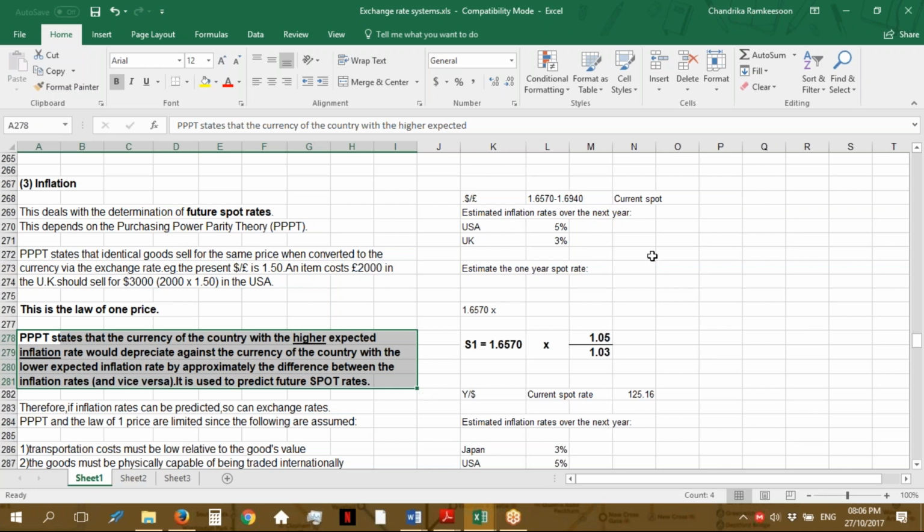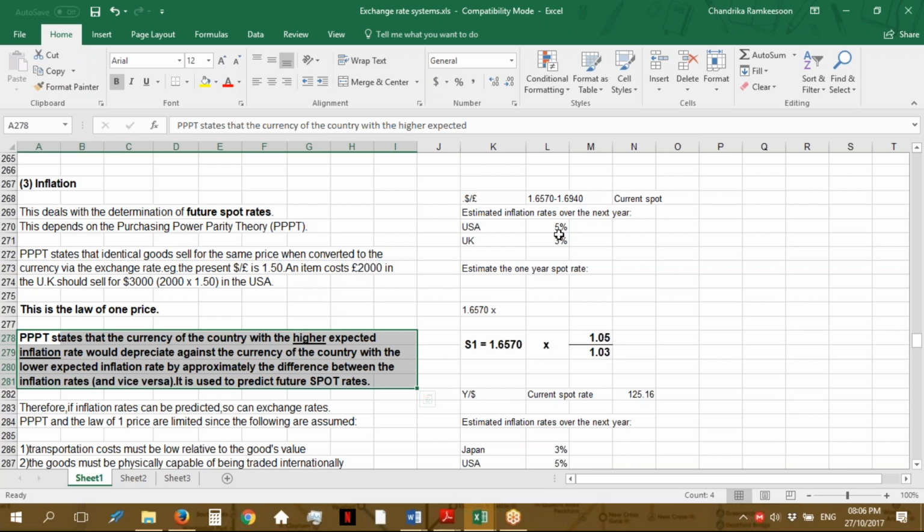And before going any further and attempting to use any formula, we know that because the inflation rate in the US over the next year will be higher than the UK, the dollar will depreciate against sterling because of what you just read here. Higher inflation rate, the currency, if it's the dollar we are looking at, will weaken against sterling. And that's it.